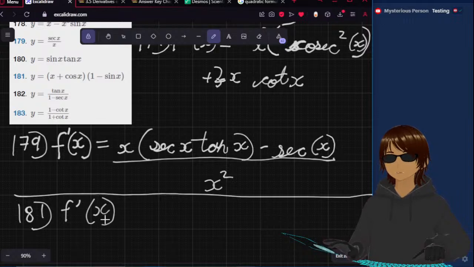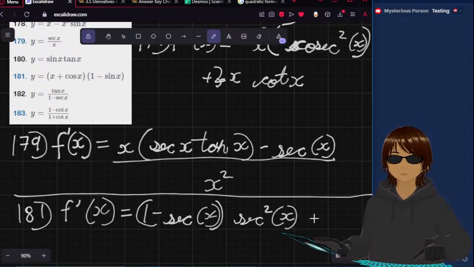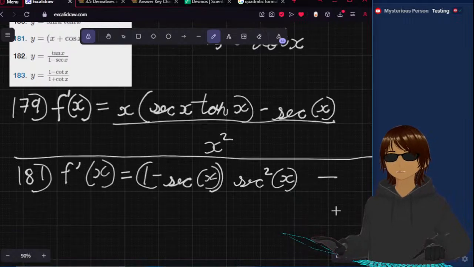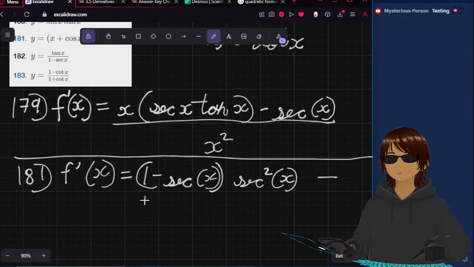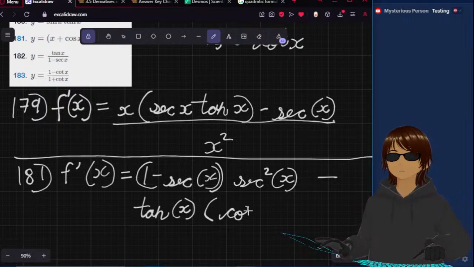Okay. Again, low d high minus high d low, or the derivative of 1 is 0, so secant squared, so it will be cosecant. The minus will cancel out.